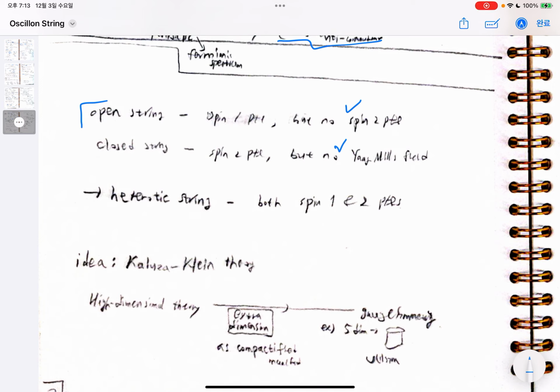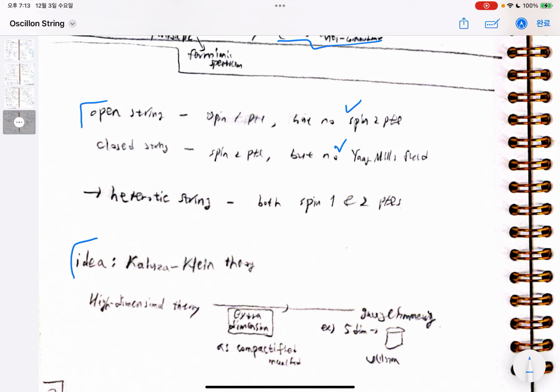And also for the higher-dimensional theory, this is motivated by Kaluza-Klein theory. The extra dimensions are a compactified manifold, and such a compactified manifold gives the gauge symmetry, which arises automatically.